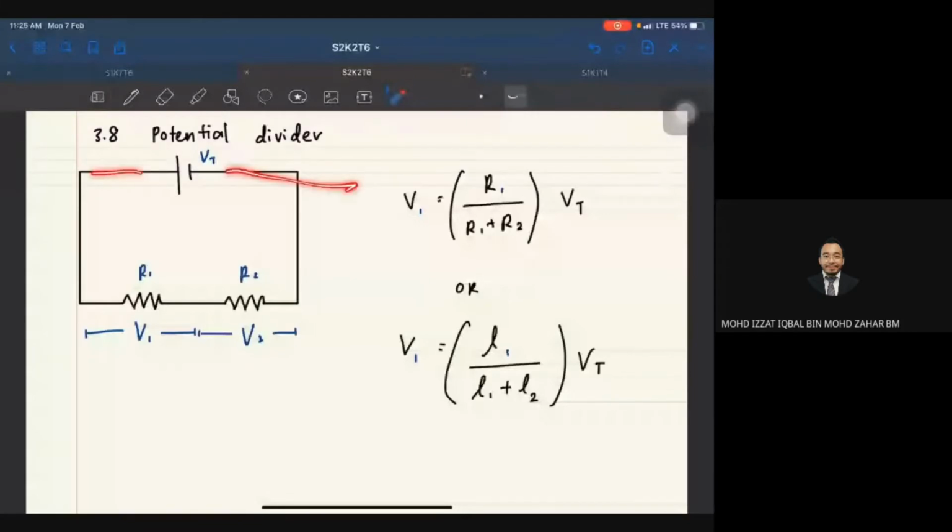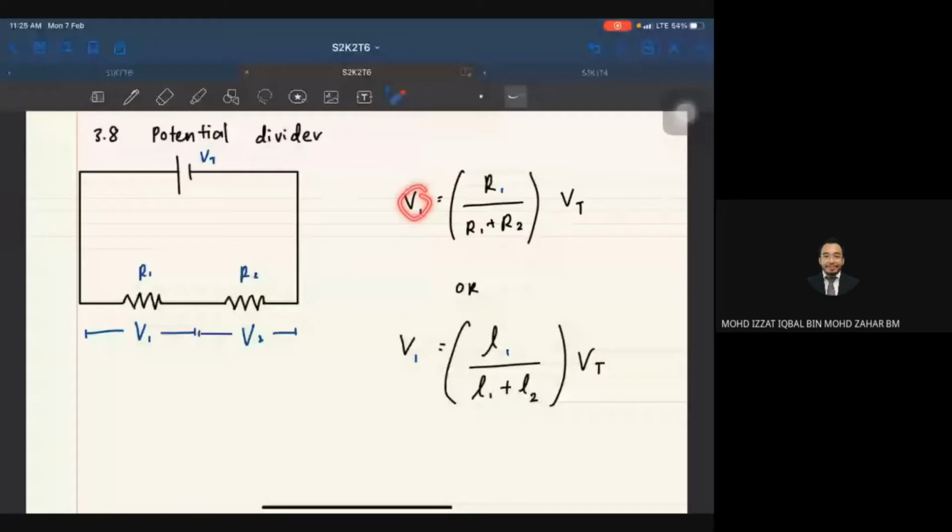So if I want to find V1, I have to substitute with R1 over R effective. R effective in this case will be R1 plus R2. If you have more than two resistors, it will be R1 plus R2 plus R3 and so on. But the key thing here is that if you want to find voltage across the first resistor, you have to use R1.